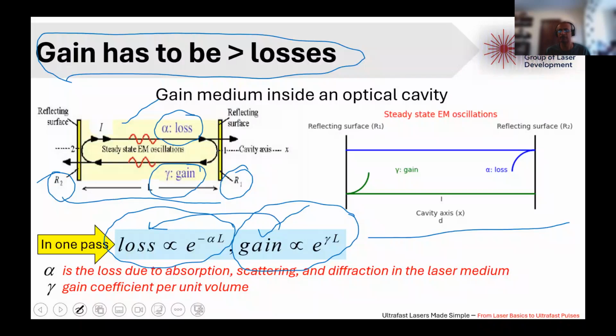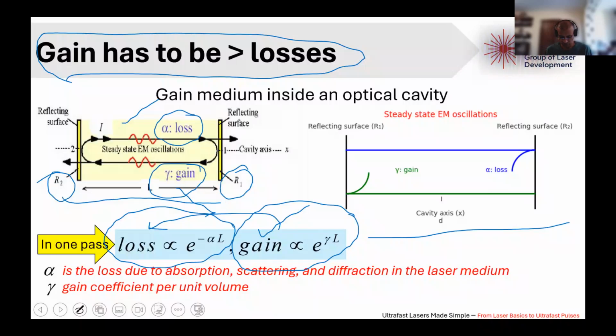Even if we make a very perfect system, we cannot prevent them. So the opposite way is to increase the gain, which is somehow in your control, through pumping, through the cavity mirrors or something like this. This gamma is the gain coefficient, which you can say is per unit volume.